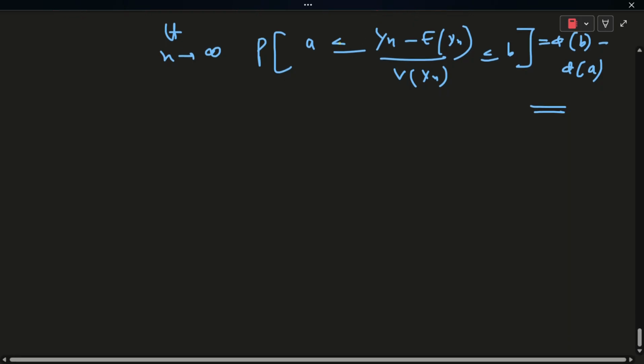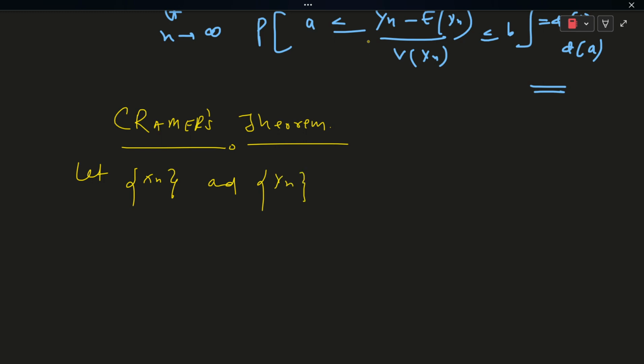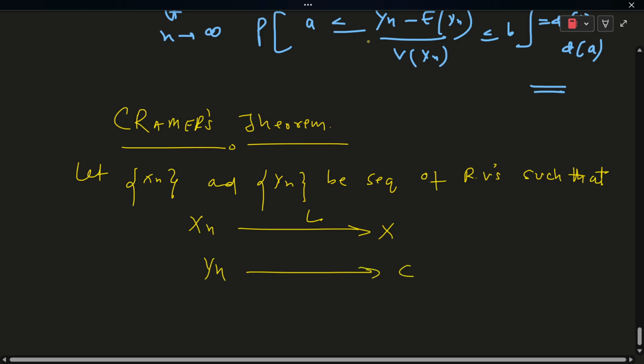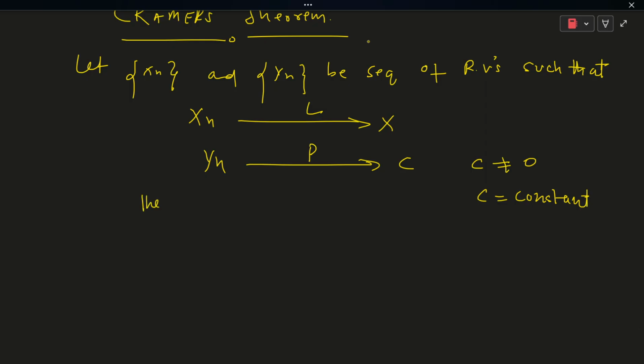Now the last topic for today is Cramer's theorem. Simply, what does Cramer's theorem tell us? Cramer's theorem tells us: let Xn and Yn be sequences of random variables such that Xn converges to X in distribution and Yn converges to some constant c in probability, and c is not equal to 0, then Xn upon Yn will converge to X by c in distribution, when c is not equal to 0.